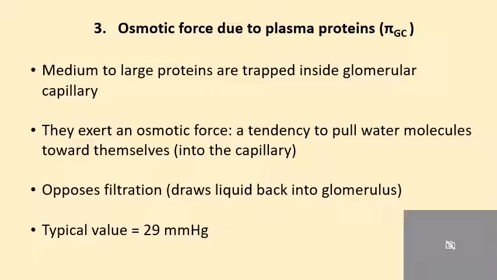It's the osmotic force inside the glomerular capillary, pi sub GC, caused by medium and large proteins that are stuck on one side of the membrane. They're trapped inside that glomerular capillary and exert the osmotic force, which opposes filtration. We can measure that force, and it is roughly 29 millimeters of mercury.